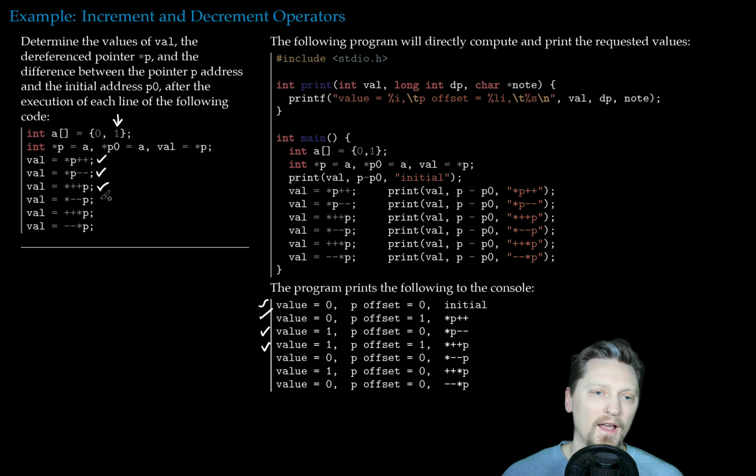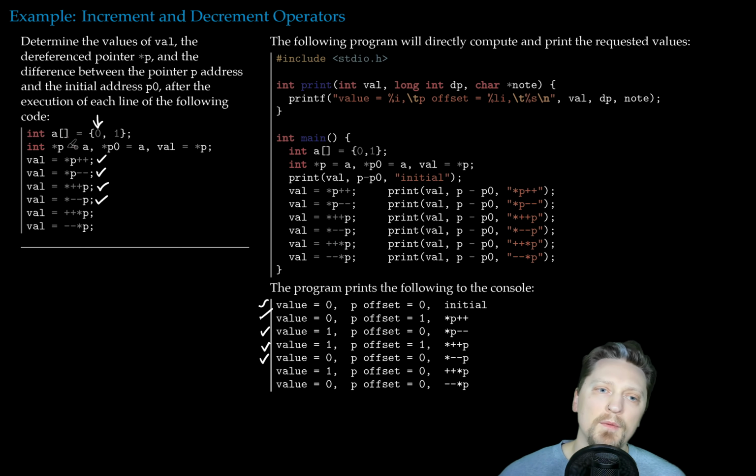Now, again, we have prefix decrement. So we're going to decrement the pointer first, which will bring it down here. It will be pointing at 0 when it gets dereferenced. So val should be 0, and the pointer should have 0 offset.